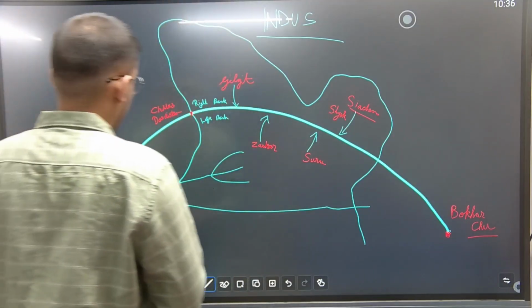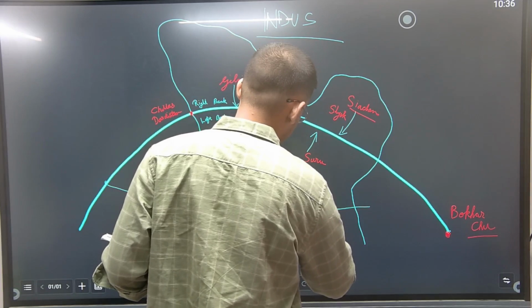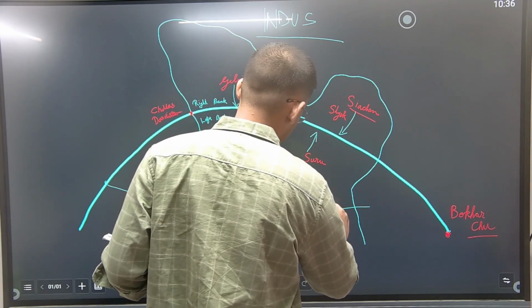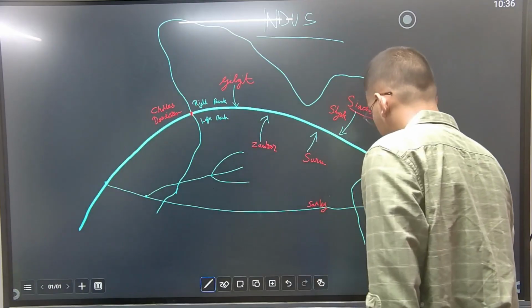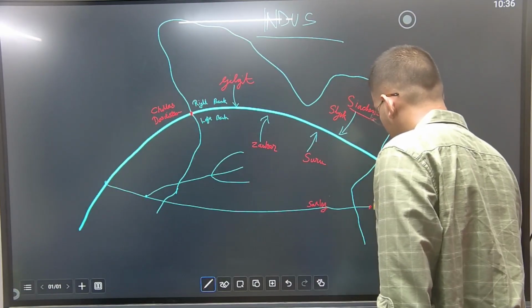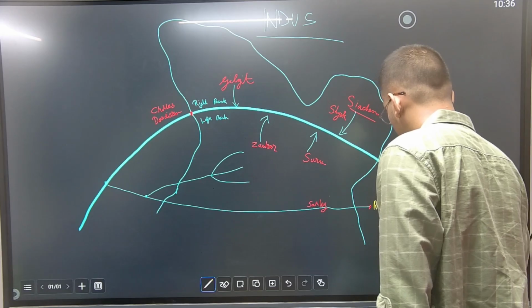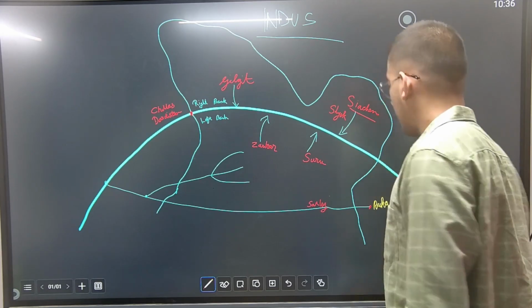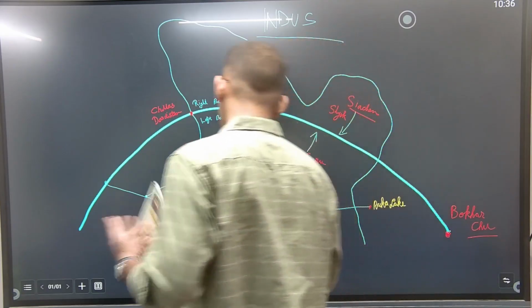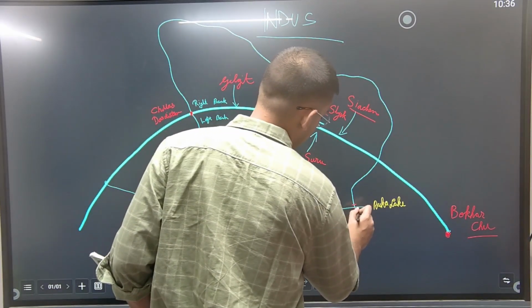Right? This river flowing here will be the Satluj. Satluj originates here. This is Raka Lake. Satluj enters through Shipkila Pass. This is your Shipkila Pass.